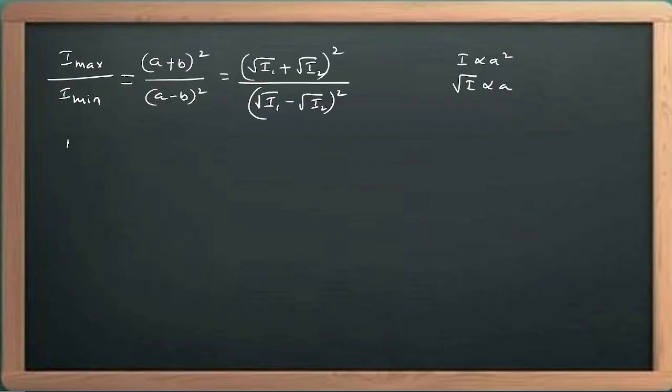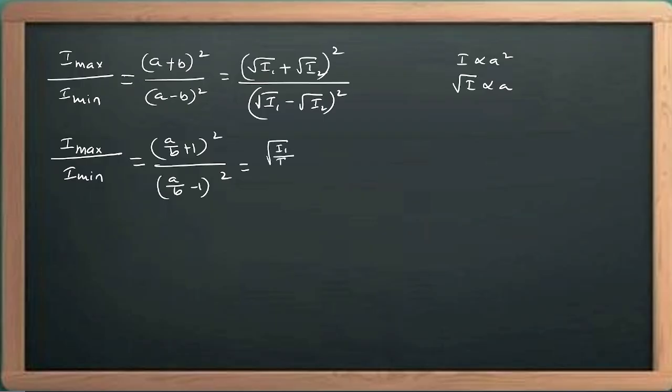This can also be written as I maximum divided by I minimum equal to A by B plus 1 whole square divided by A by B minus 1 whole square, that is equal to root of I1 by I2 plus 1 whole square divided by root of I1 by I2 minus 1 whole square.